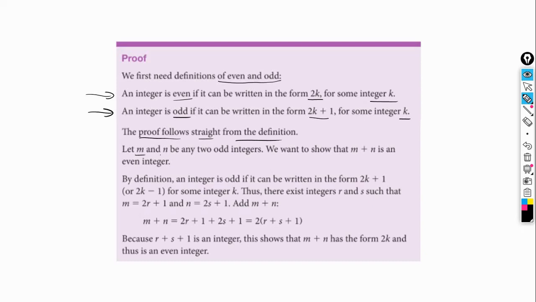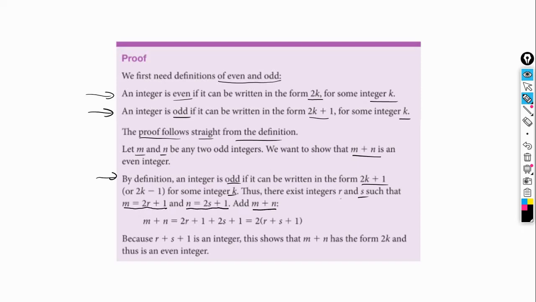Let m and n be any two odd integers. We want to show that m plus n is an even integer. Then we say, by definition, an integer is odd if it can be written in the form 2k plus 1 or 2k minus 1 for some integer k. Thus, there exist integers r and s such that m is equal to 2r plus 1 and n is equal to 2s plus 1.